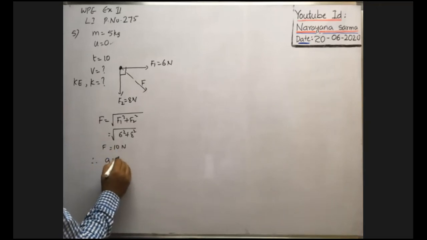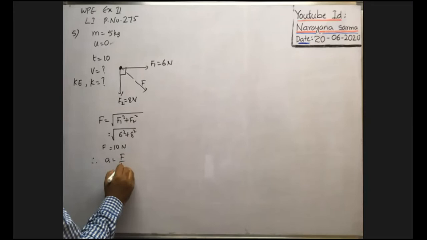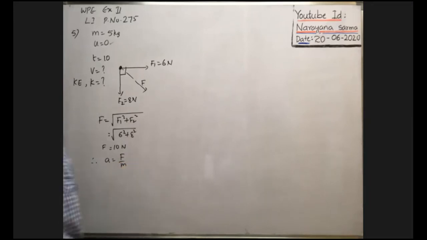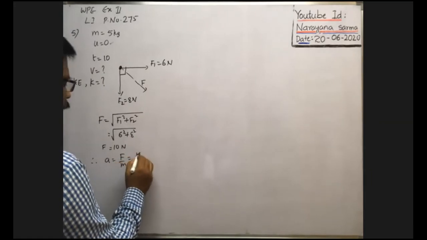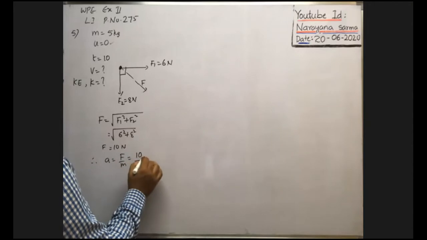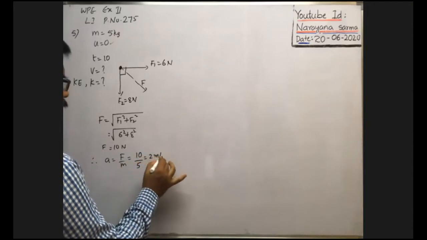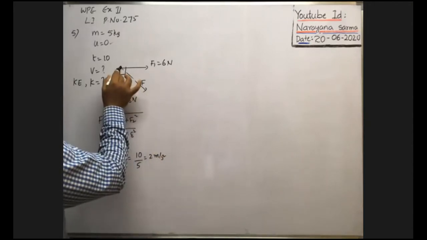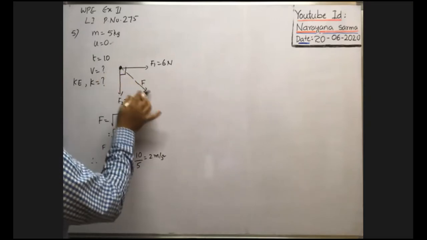Acceleration is equal to net force acting on a body divided by mass. Net force is 10, mass is 5, so acceleration is 2 meter per second square. As the resultant force acts on the body in this direction, the body will travel in this direction.